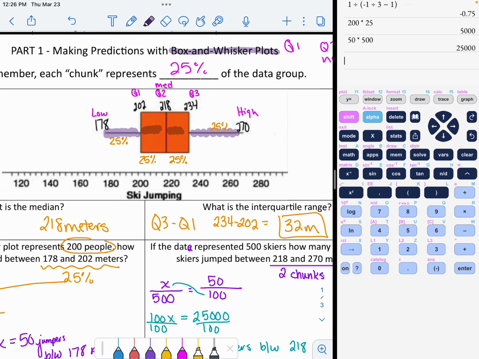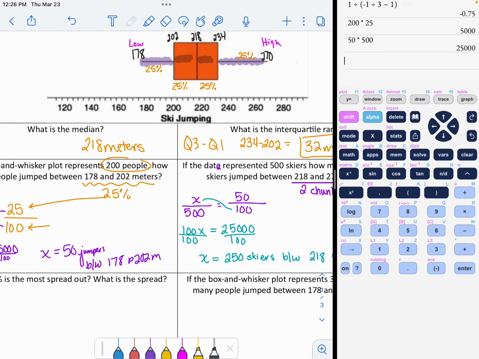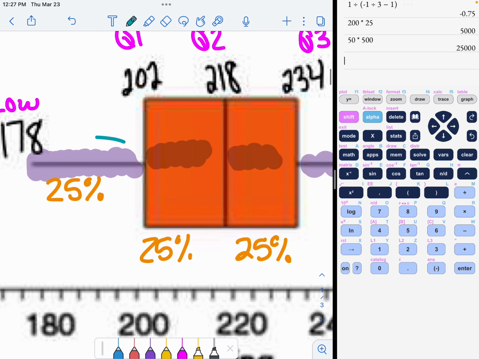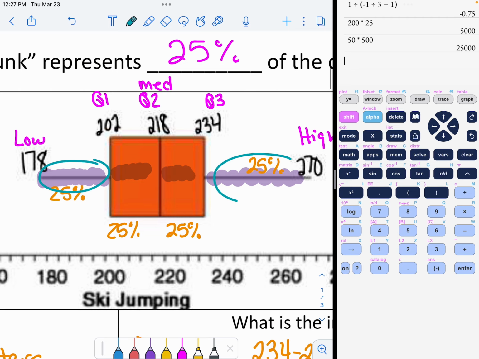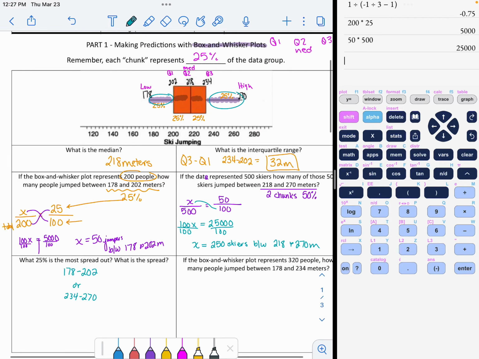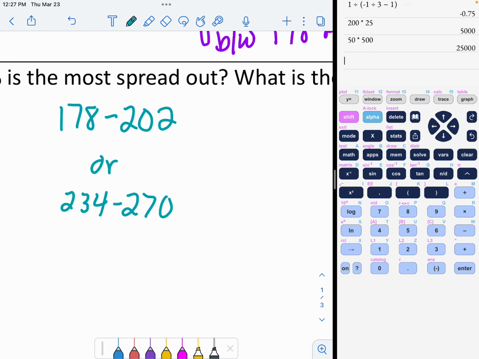So it's either between 178 and 202, or let's see, 234 to 270, because those are my bigger parts of my box and whisker plots. If you're looking for how spread out they are, you're looking for how wide they are. I'm pretty sure it's the second one, but we're going to do some subtraction to double check.